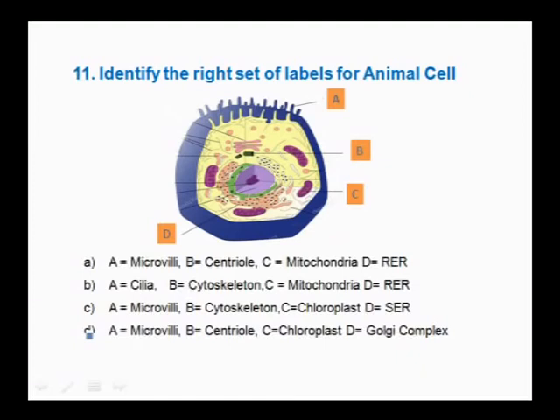So it indicates mitochondria. And the last one, D, is indicating the lamellar structures or intracytoplasmic reticular structures holding the ribosomes on their surface. So it is RER or rough endoplasmic reticulum. So the option that goes right with this diagram is option A, microvilli, centriole, mitochondria and RER.